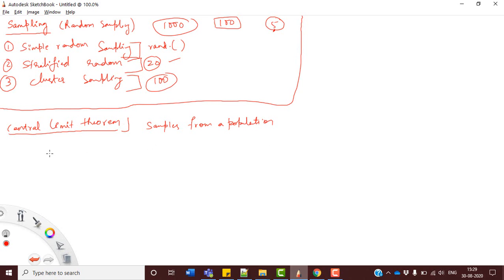Let's say you are selecting the mean of scores by Indian batsmen in every series. Now the mean of scores would be 75, 30, 45, 50, 55, anything. The means would vary.